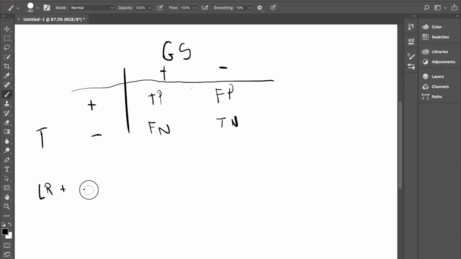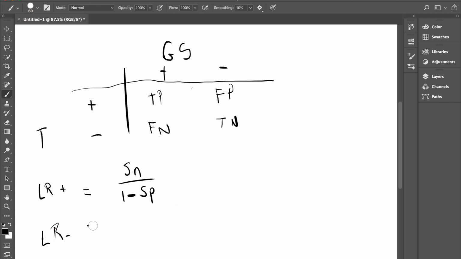Okay? So the way we calculate LR positive values is we take sensitivity and divide it by 1 minus specificity. And this is going to give us the odds of having the disease given that I have a positive test compared to someone who has a negative test.